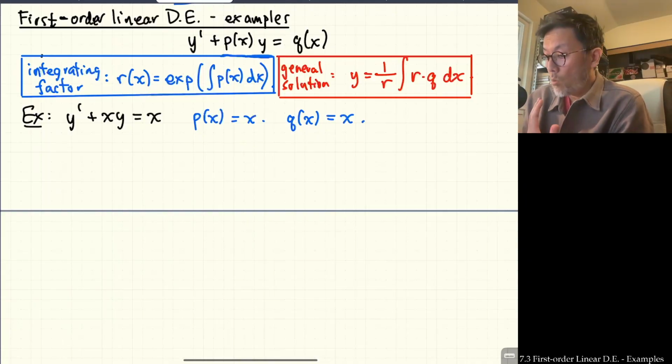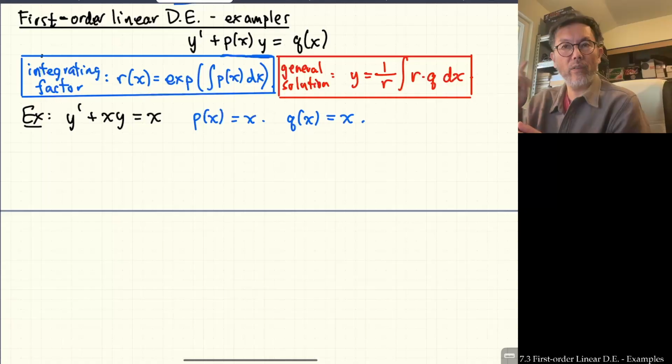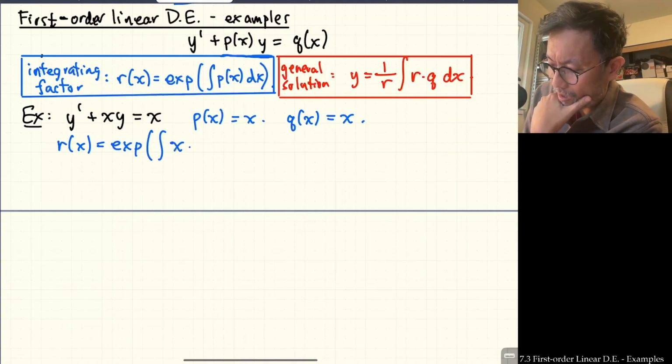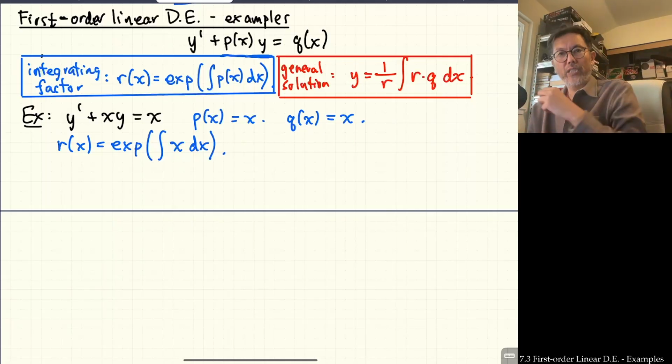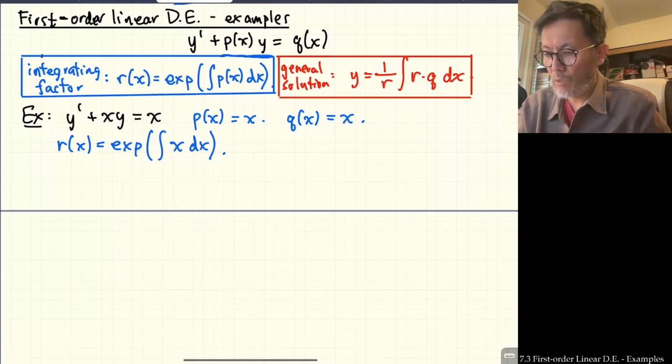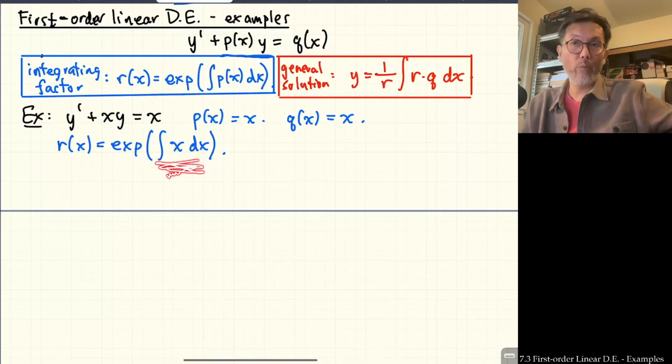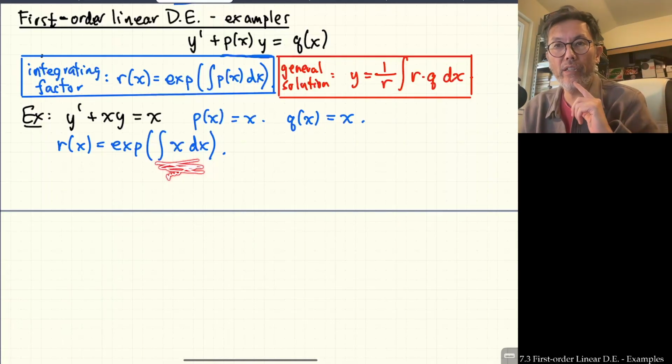Okay. What the boxes above tell us to do is to first find something called the integrating factor. So let's do that first. R of x is going to be exp of an antiderivative of p of x. Now, p of x here is just x. I want to emphasize this notation here, it departs a little bit from our single variable calculus experience, because this is not referring to the set of all antiderivatives of x, which is the usual notion of the indefinite integral.